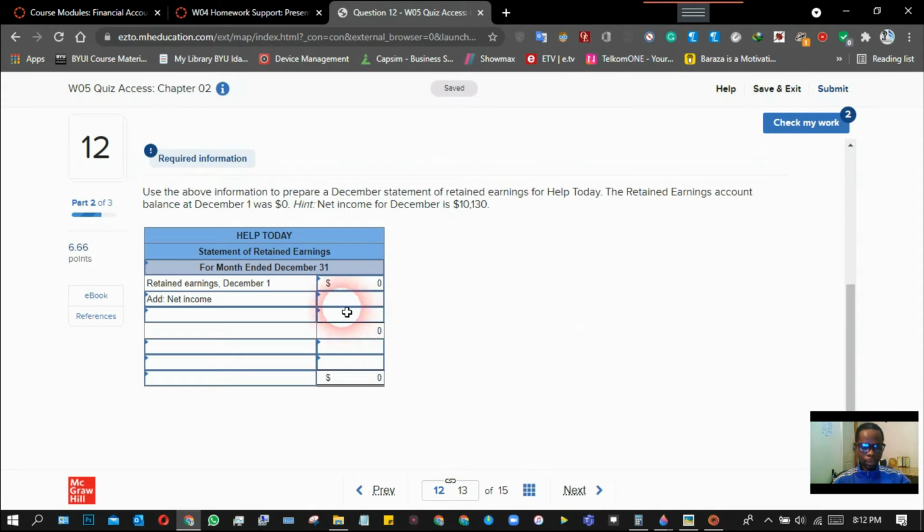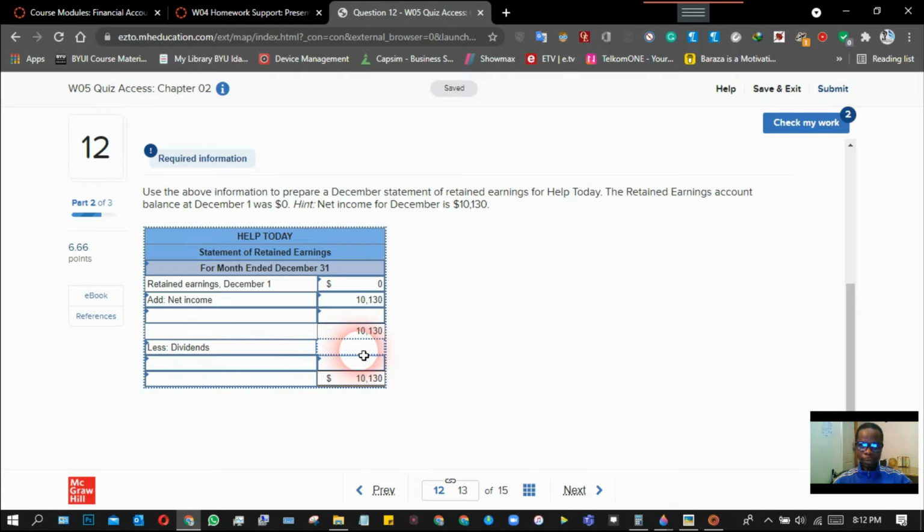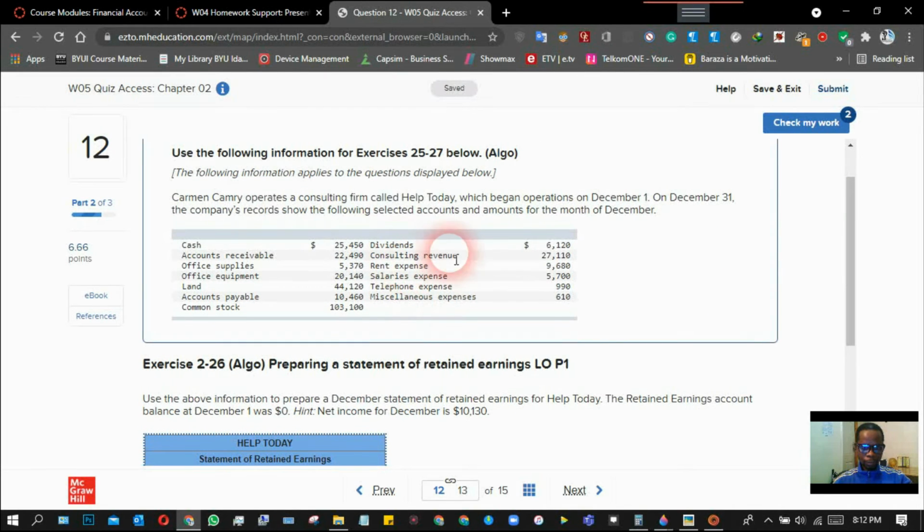So that is what we input, 10,130. And then we subtract dividends. So the dividends are 6,120.